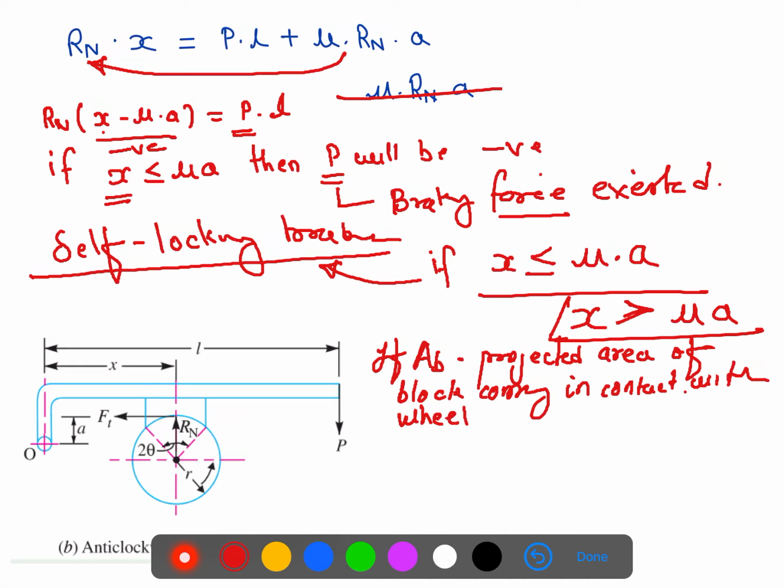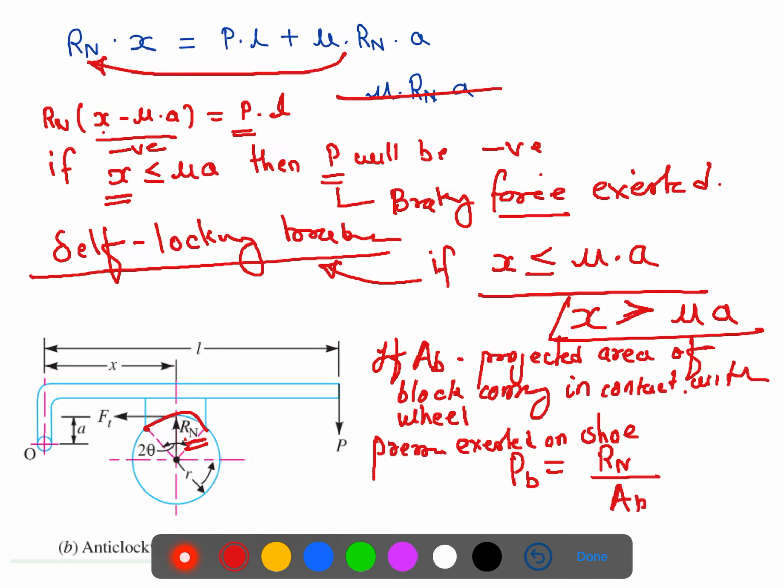Then pressure exerted on shoe is equal to what? This PB is equal to Rn, this is the force, right, which is exerted on this, divided by the cross sectional area, that is AB.